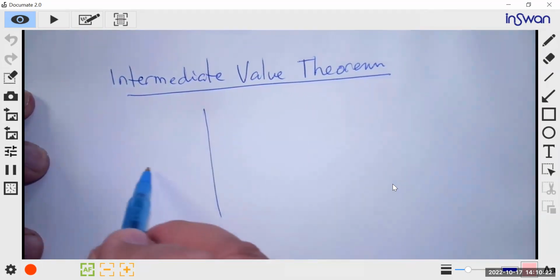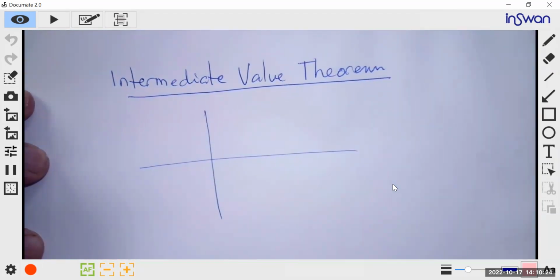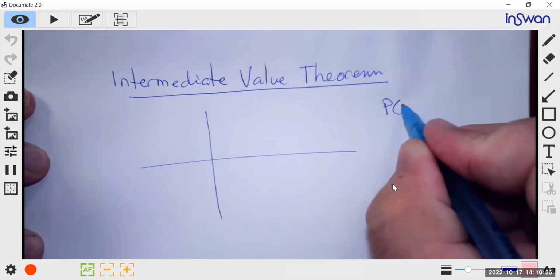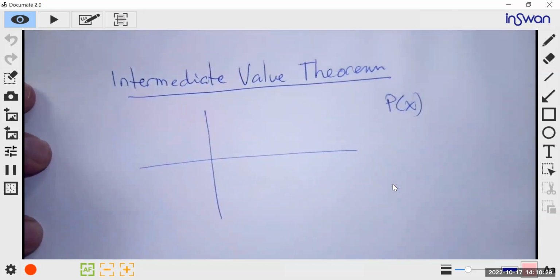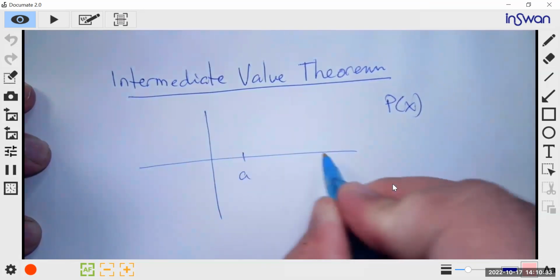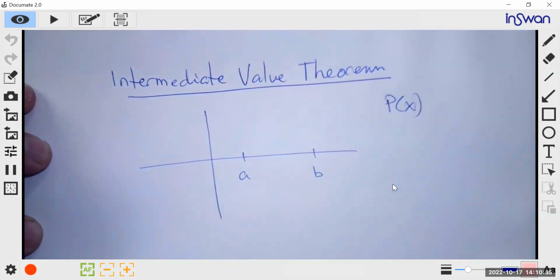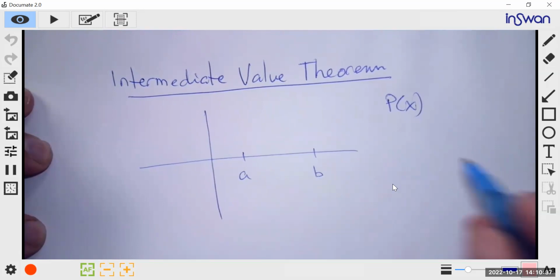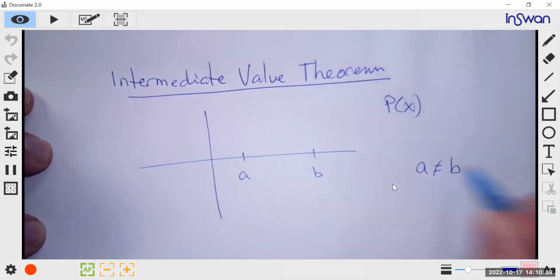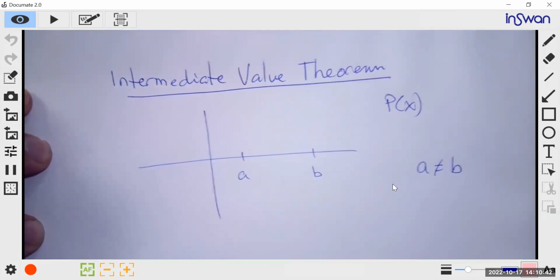What the intermediate value theorem says, we have a continuous function, continuous polynomial function P. We have 2 points, A and B, where A does not equal B. They have to be separate points.